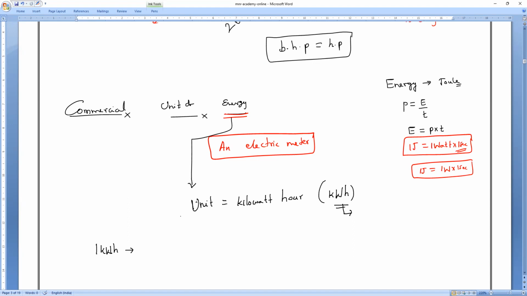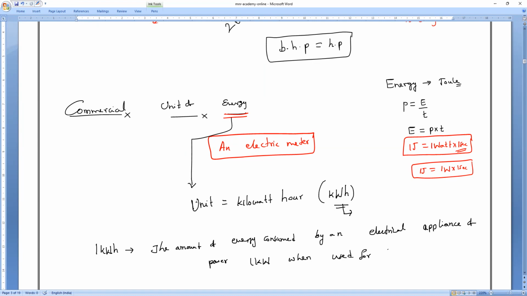The amount of energy consumed by an electrical appliance of power 1 kilowatt when used for 1 hour.